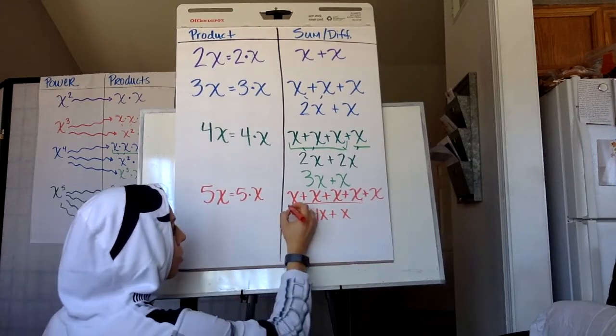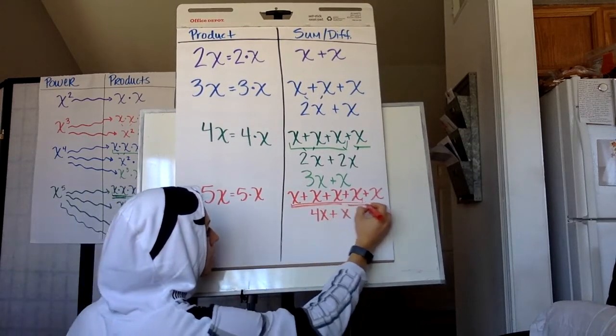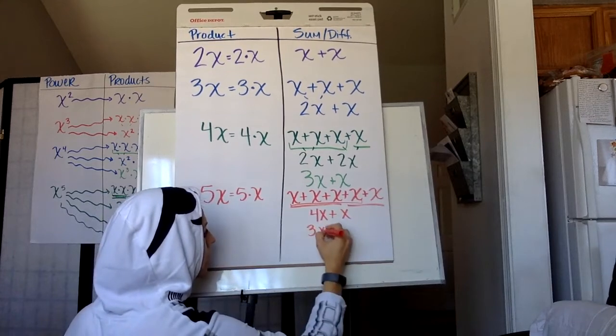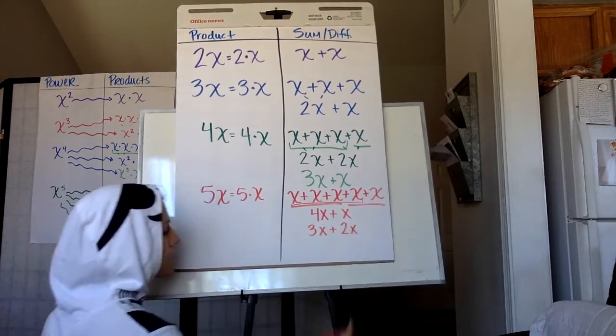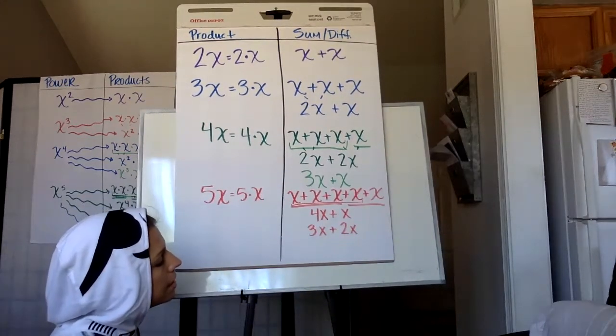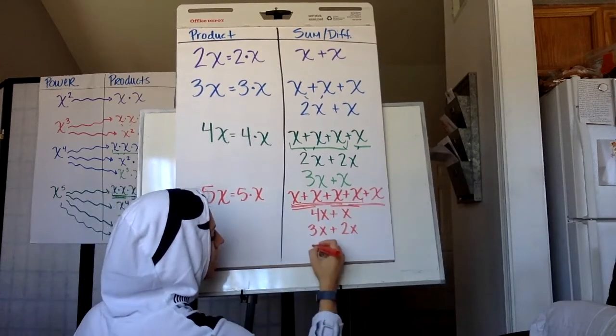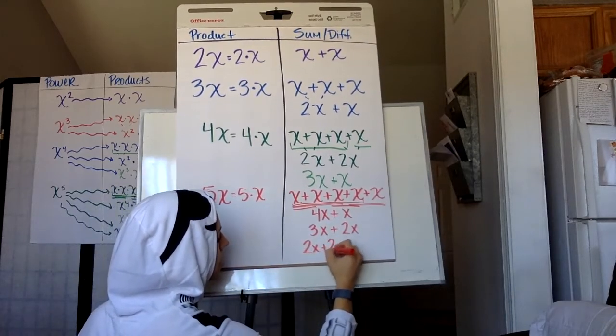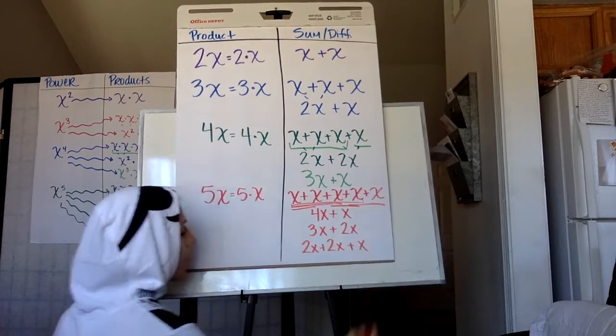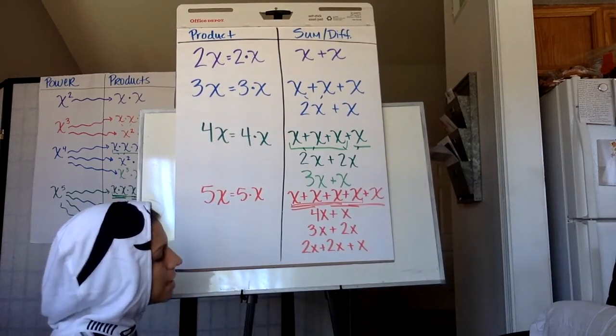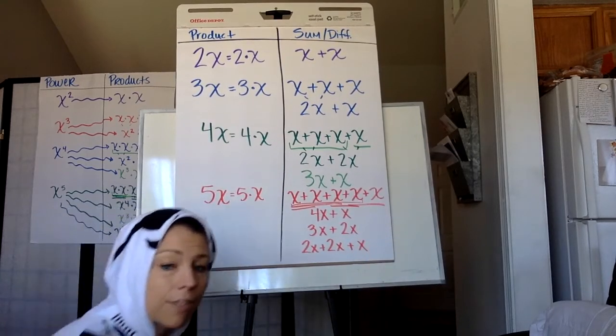We could also pull 3 here plus the other 2. So that would be 3 x's plus the other 2 x's for a total of 5 x's. And then we could pull these 2 plus these 2 plus that last one: 2x plus 2x plus another x. And that's another way to do 5 x's. And you might have more, I just can't think of them.